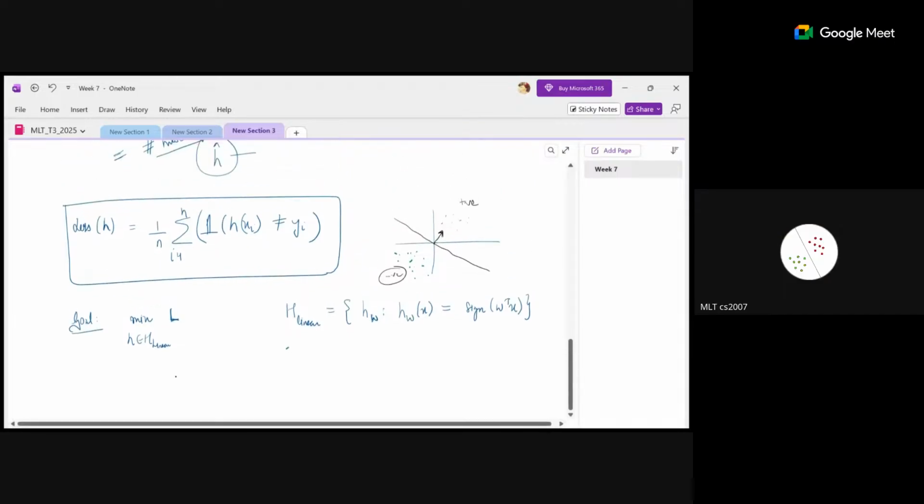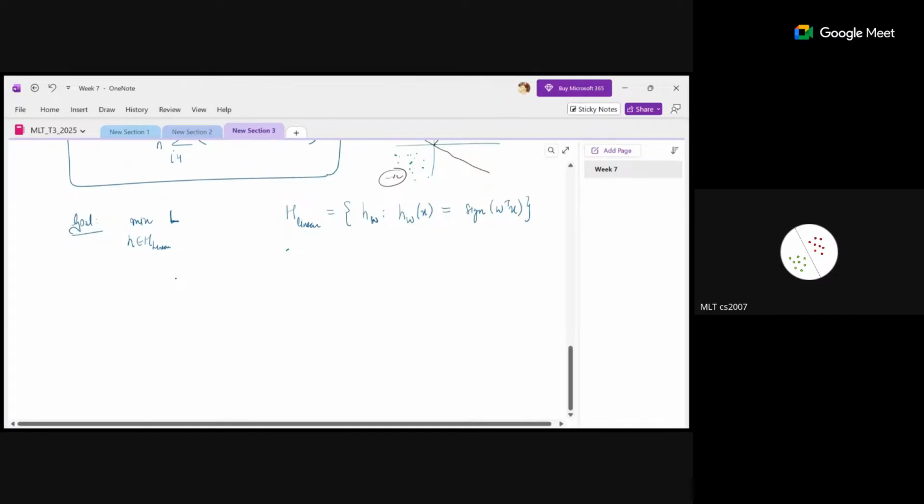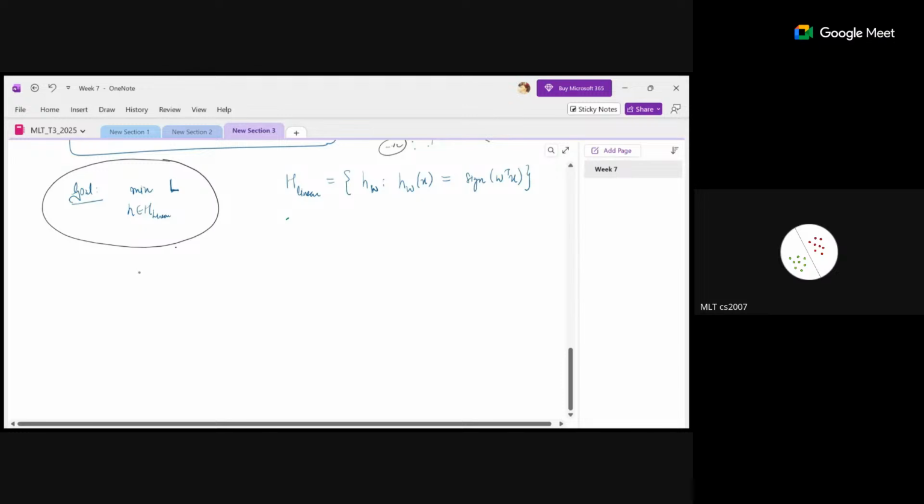Okay. So what I was saying is, this is our goal. We want to minimize this loss. Let's say this is my w, and everything on this side is predicted to be positive.